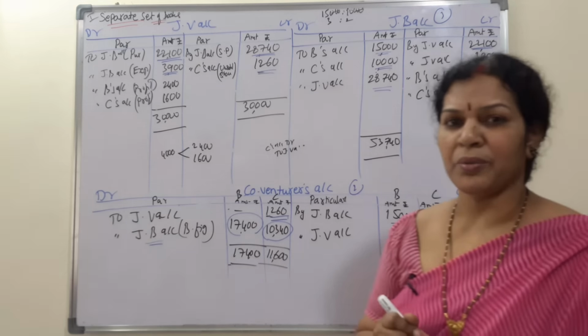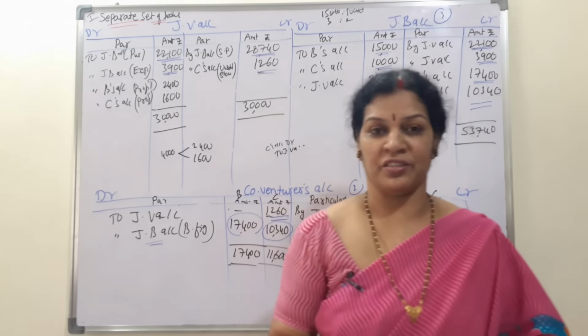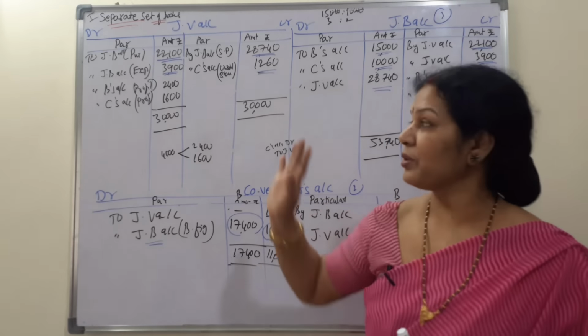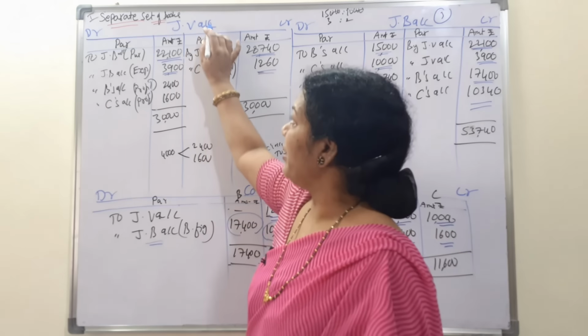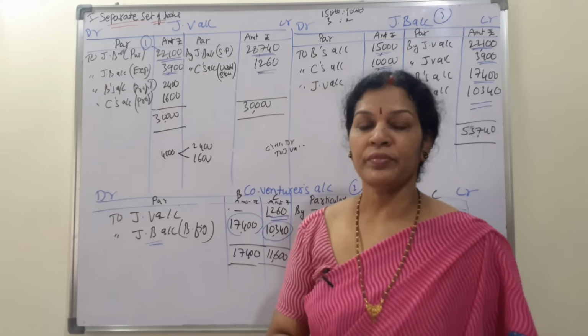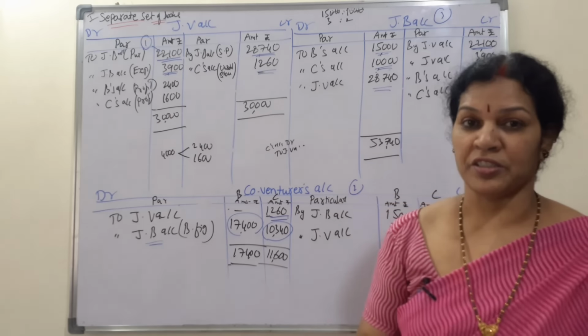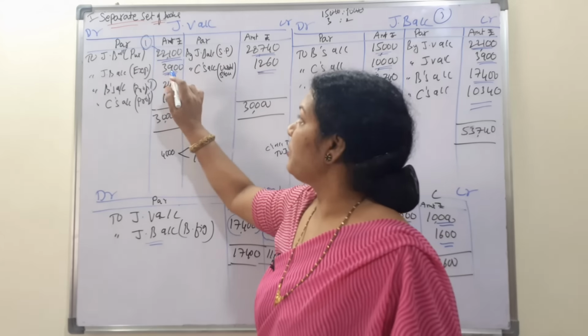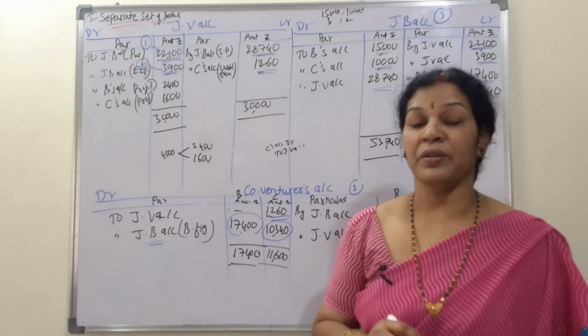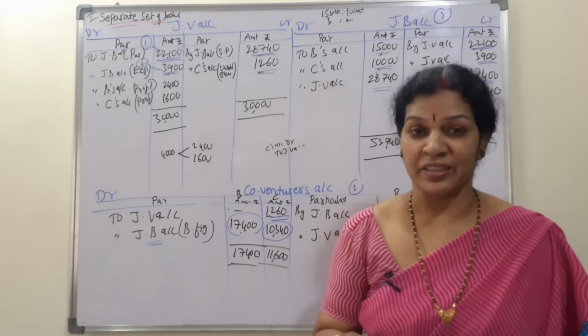And also in this problem, they are asking about journal entries. For journal entries, the first entry you can take is joint venture account attached to joint bank account, being goods purchased. Second, joint venture account attached to joint bank account, being expenses incurred.